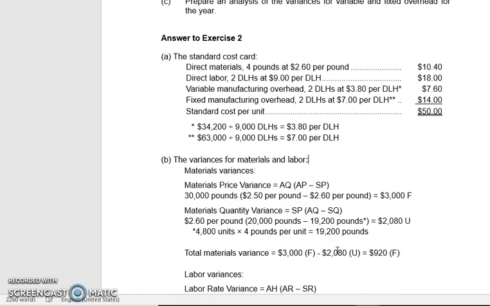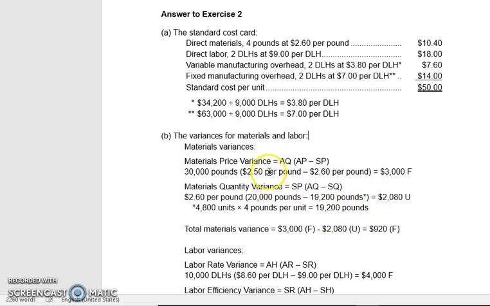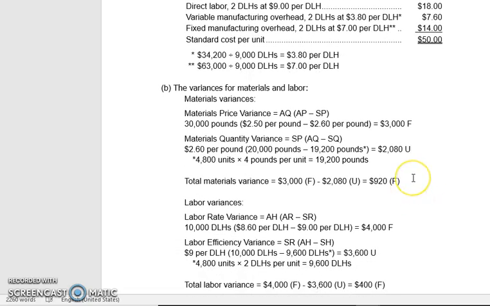The variances of materials and labor. Material price variance is actual quantity times the actual price minus standard price, and you get 3,000 favorable. Material quantity variance, you get 2,080 unfavorable. So the total material variance, you get 920 favorable.